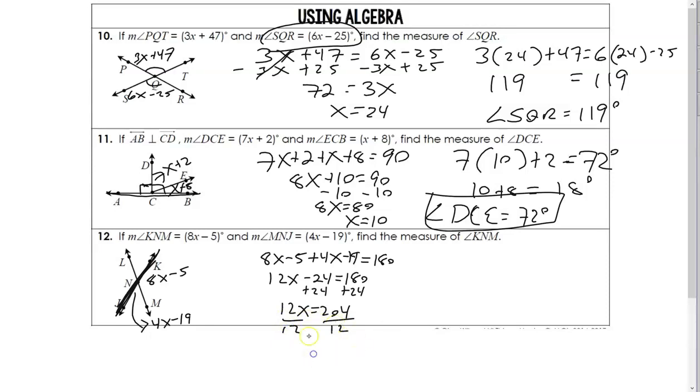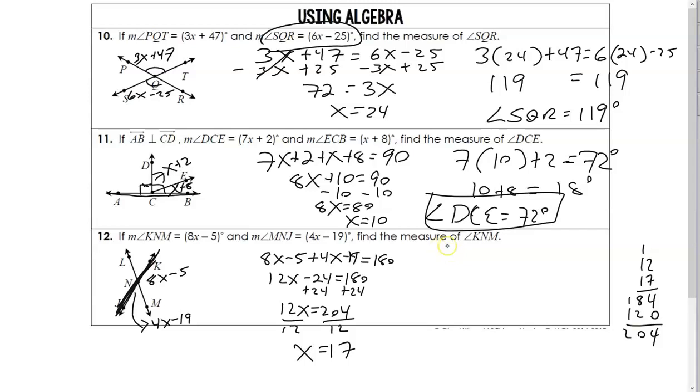So we can say that x equals 17. Let's just double check our math over here. So we got 12 times 17. All right, so we're right. So x is 17. So now we plug it in.